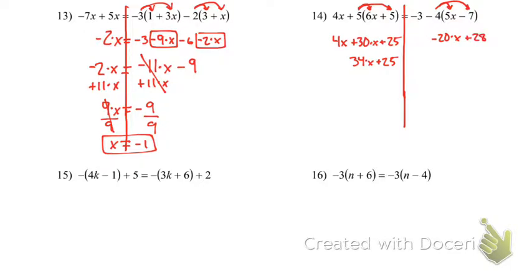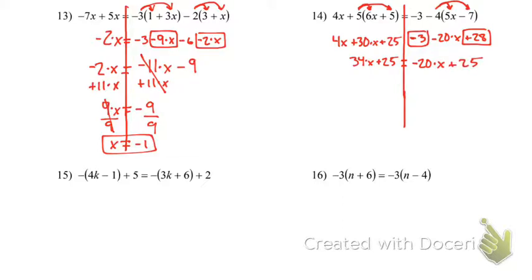And then we're going to bring down the negative 3. Okay, next step is to combine like terms, and the only like terms is negative 3 and positive 28. So the positives are going to win, and they're going to win by 25. So we have negative 20x, bring that guy down, and positive 25.